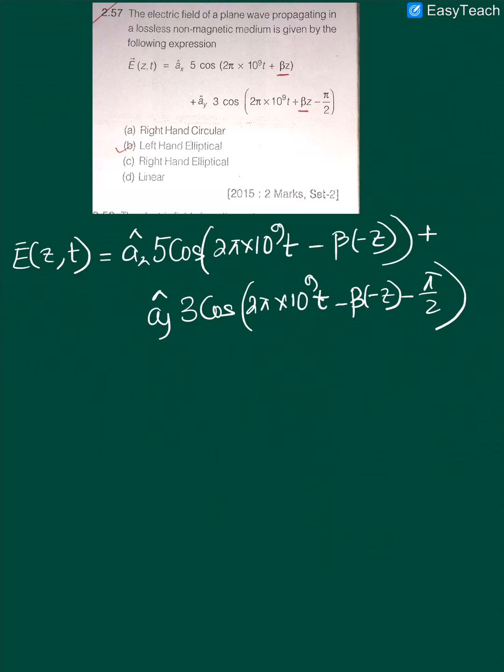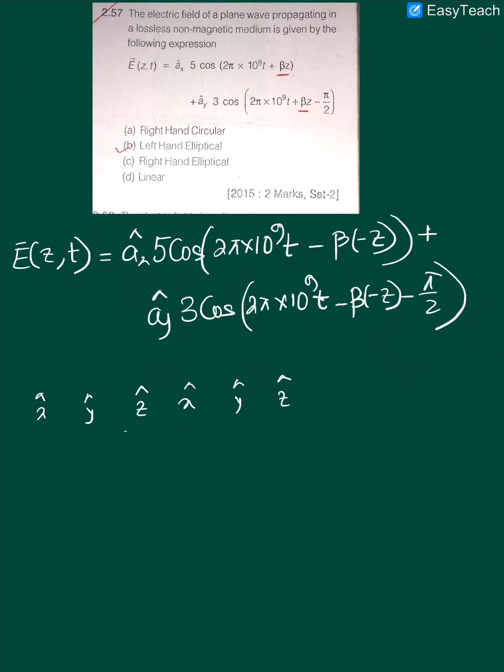Okay, so I have some tricks. So initially, first of all, write this sequence x y z, again x y z. Now in this case the wave is going in negative z direction.